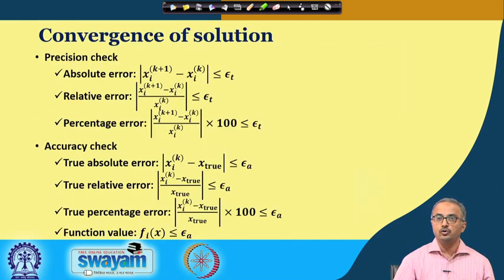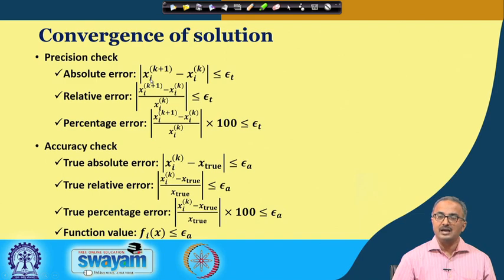And here I show some commonly used criteria of convergence for precision check. Okay? That means when you do not know the true value of the solution, you check for precision, and then you can stop your solution, meaning you can say it is converging. So, one can be the absolute error. That means you take simply the difference between two consecutive values of the root. Okay?